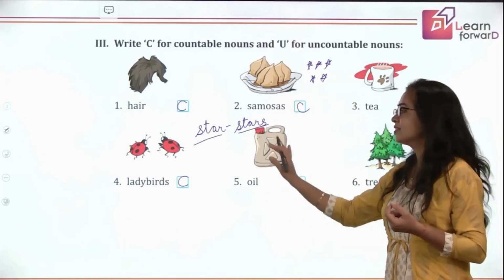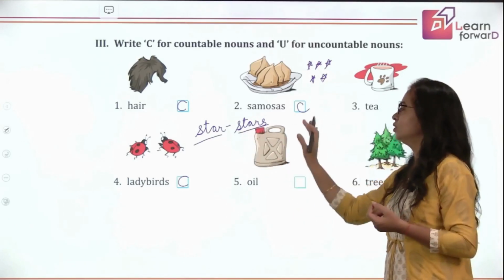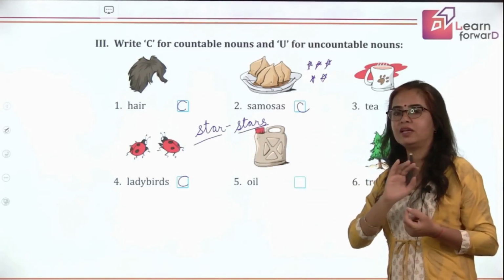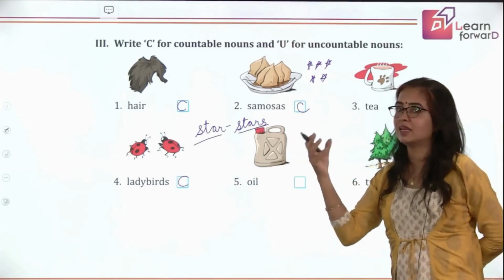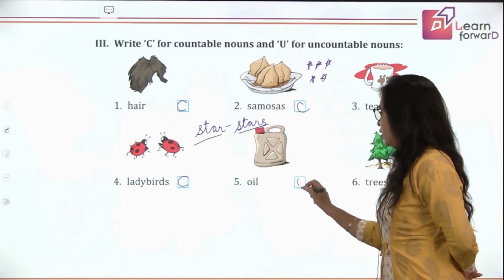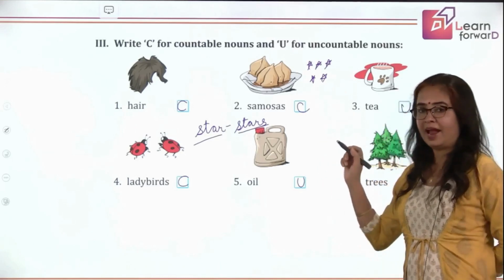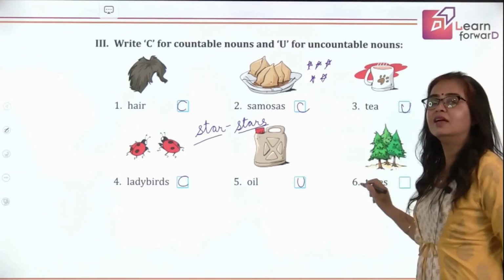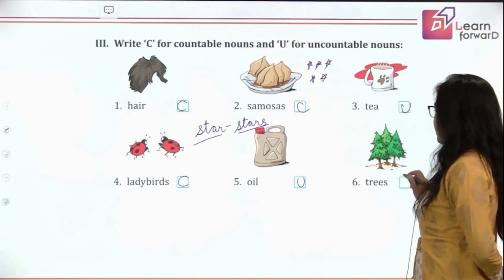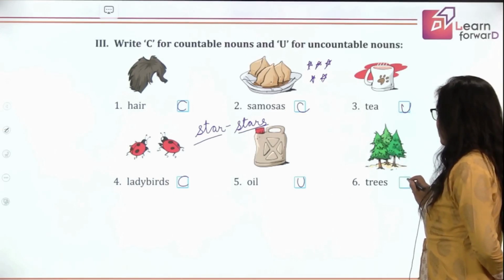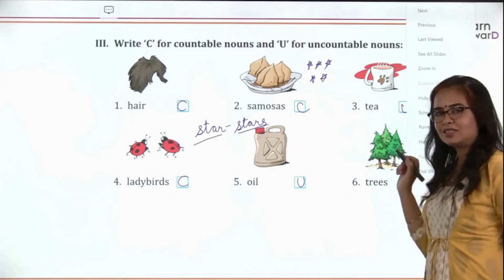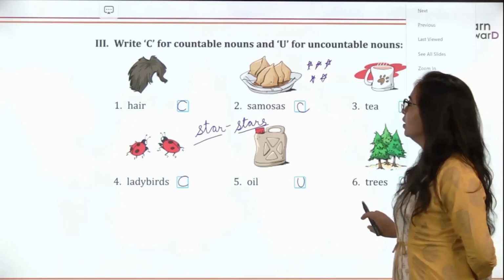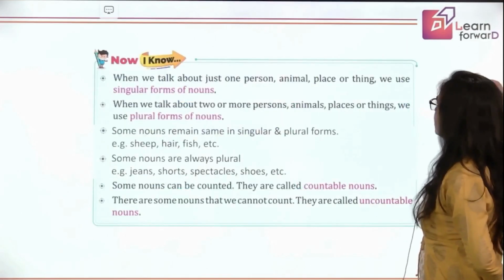Oil, this can you can count 1, 2, 3, 4. How many cans of oil do you need? But the oil inside it is a liquid and you cannot count. And the last one here is trees, which is again you can see here 3 trees. So that is good, countable. So I hope you have understood this much.